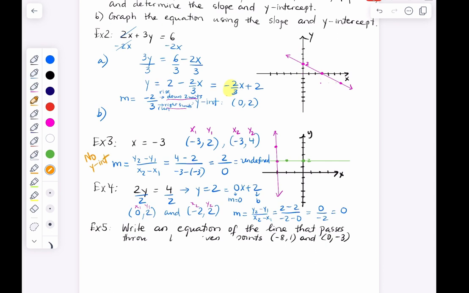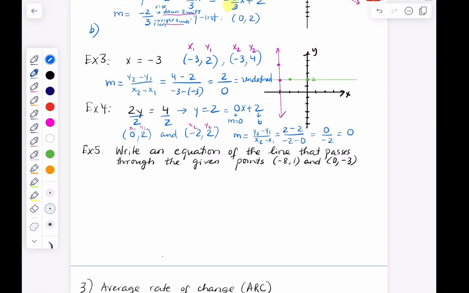Example 4, there is actually a b value that exists. So the y-intercept is the point 0, 2. As you can also see, the green graph here intersects with the y-axis at the point 0, 2.